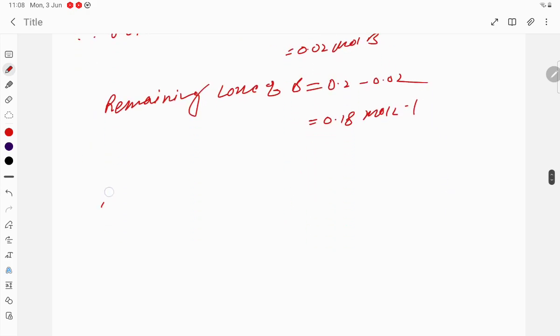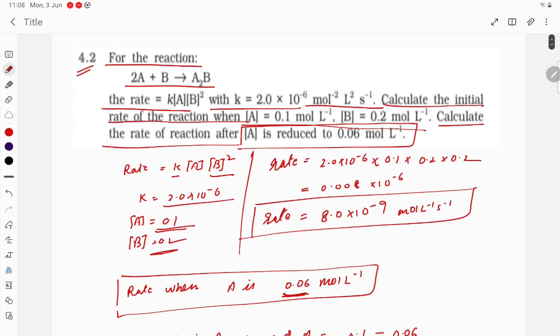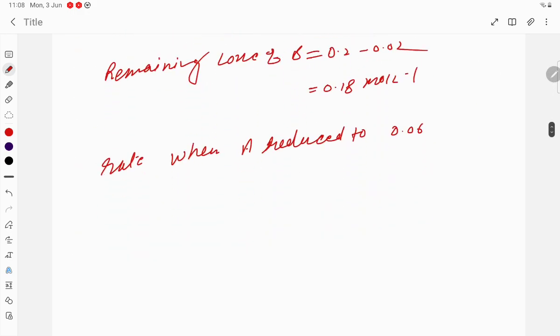Now the rate when A is reduced to how much, student? 0.06. The question they ask is to calculate the rate of reaction after A is reduced to 0.06.